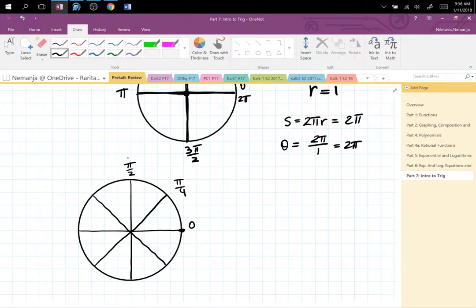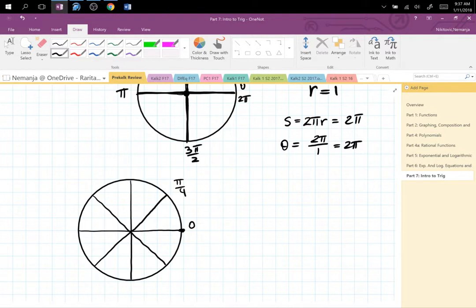I'll try one more time. Go ahead. There we go. So I'm going to erase this pi over 2. I used it only for... and now look what I'm going to do, guys.